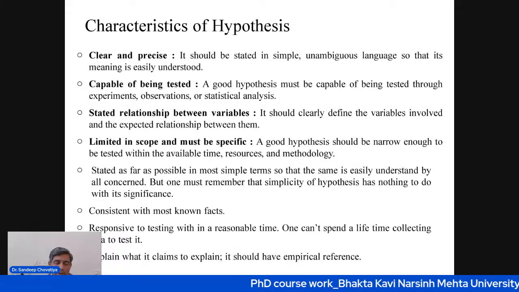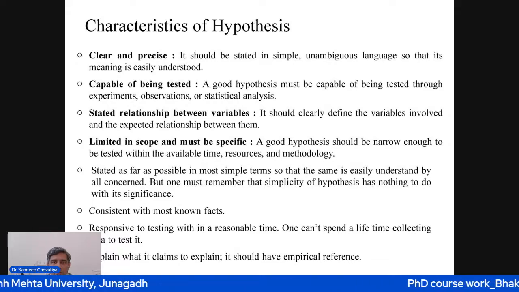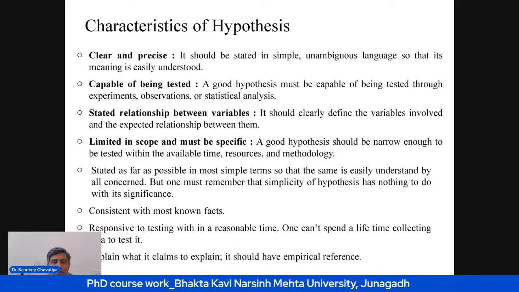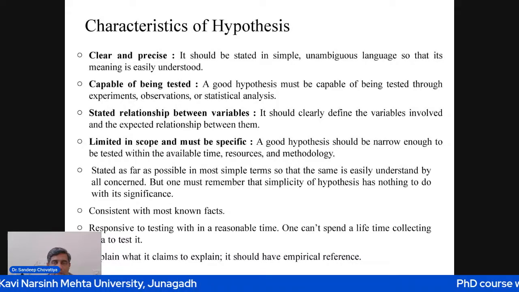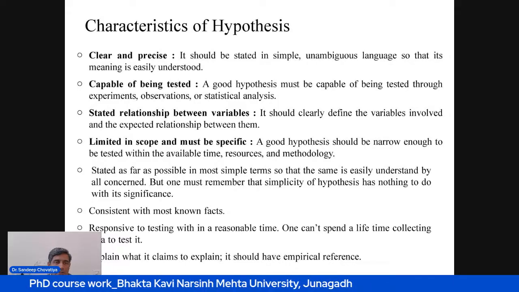For example, many students work on wildlife, say the lion genome, or the genomes of whatever wild animals, and for that we need to collect blood or other samples. So the ambitious nature of a hypothesis is not required when we discuss its formation. Next is that the hypothesis should be capable of being tested.